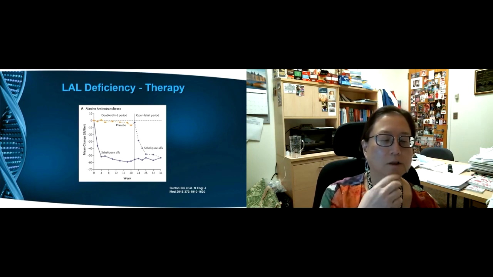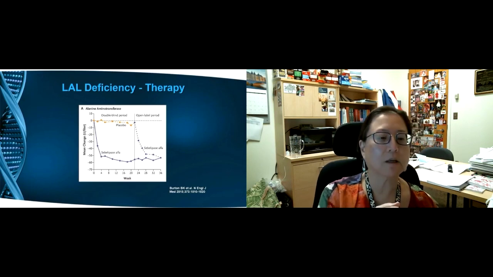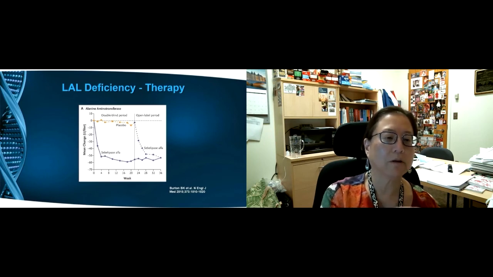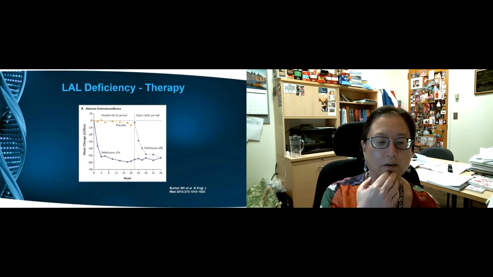And the lower line shows patients who were treated with sebelipase alfa, which is the enzyme replacement. And you can see that the ALT came down to pretty close to normal. And then at 20 weeks, approximately, patients were allowed to go into an open label period. And you can see those that were on placebo, once they started on sebelipase alfa, had a similar response. Next slide.